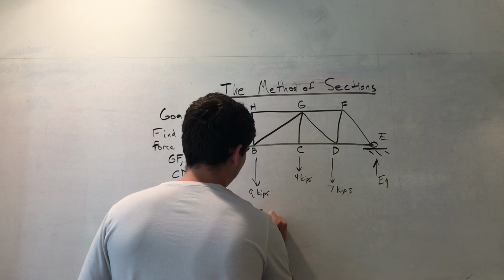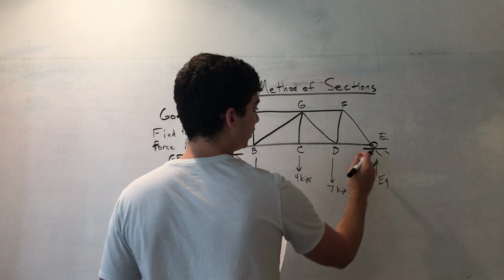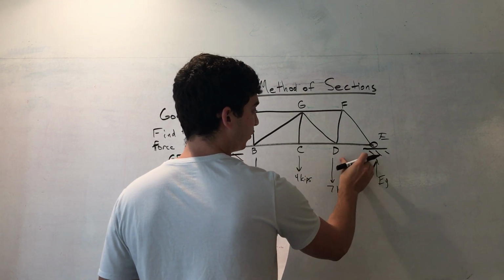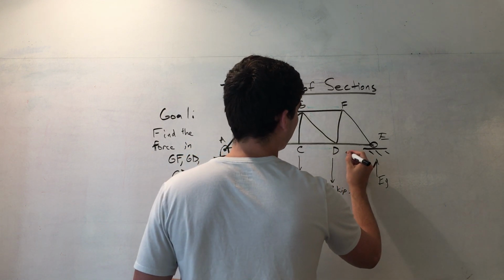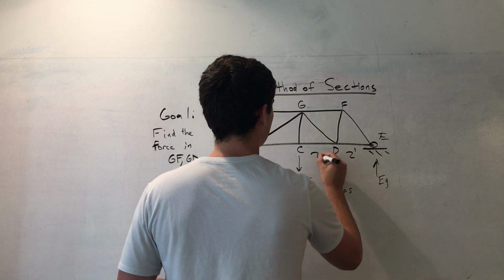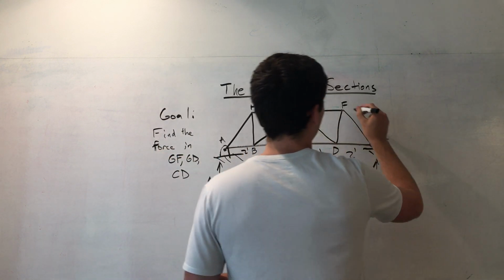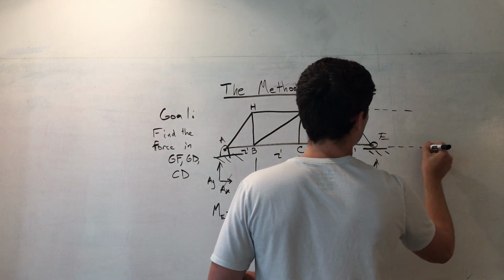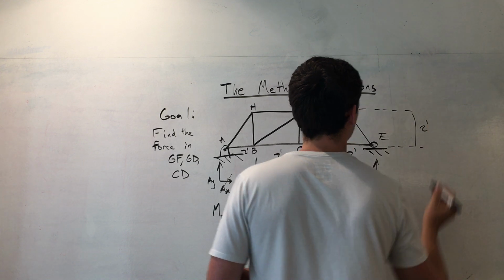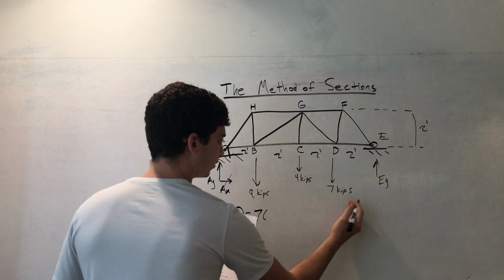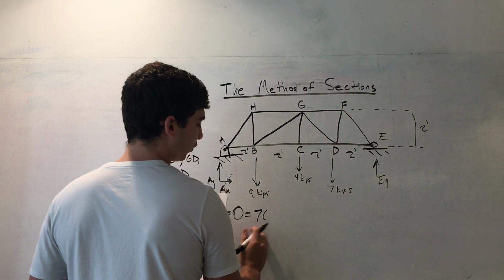So we'll have 7 times, and then we need the distance away from the joint. We're going to make all the distances 2 feet: 2 feet, 2 feet, 2 feet, and then the distance up here, 2 feet. Okay, so moment is force times distance.